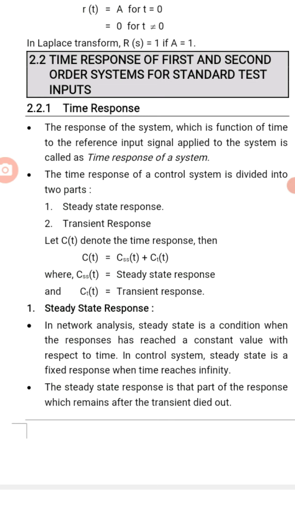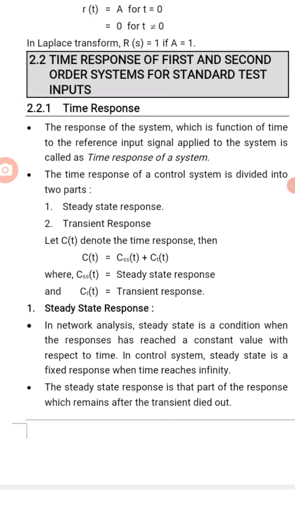So any standard test input has two parts. One is the transient response, that means at the instantaneous point t is equal to 0, and the steady state response, that is t greater than 0, meaning a DC signal. At t is equal to 0, there is a sudden change of amplitude from 0 to capital A.